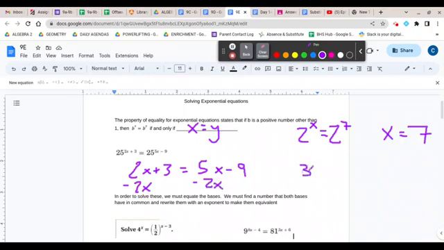So we end up with 3 equals 3x minus 9. Then we plus 9 and divide by 3. So we end up with 12 equals 3x and x equals 4. Just a simple algebra equation.